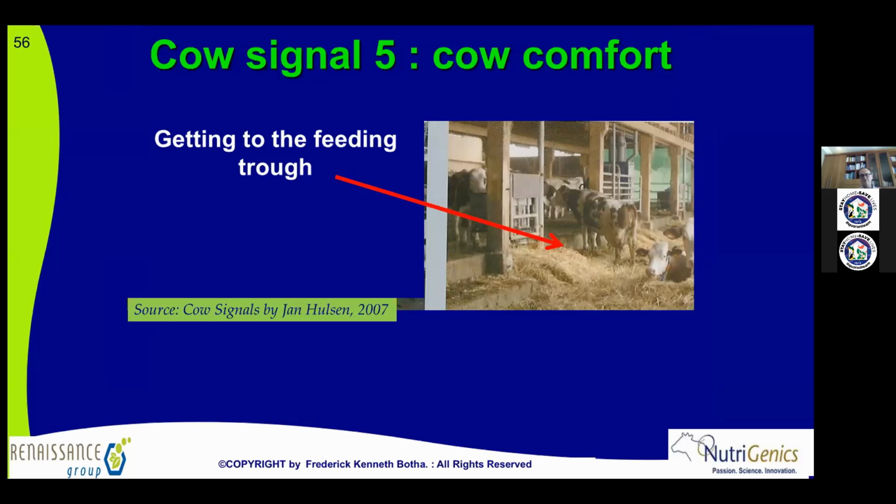A very similar photo, as you can see, is of a herd that we had problems with in the Free State, in the Vicksburg area, the last few months. Cows have to climb up that floor area to get to the feed trough, and cows don't always do this. So this will lower our feed intakes over the period, and you will see that you lose milk as well as body condition.